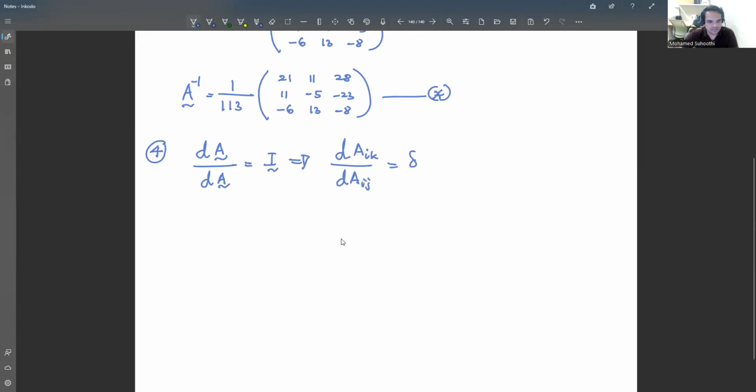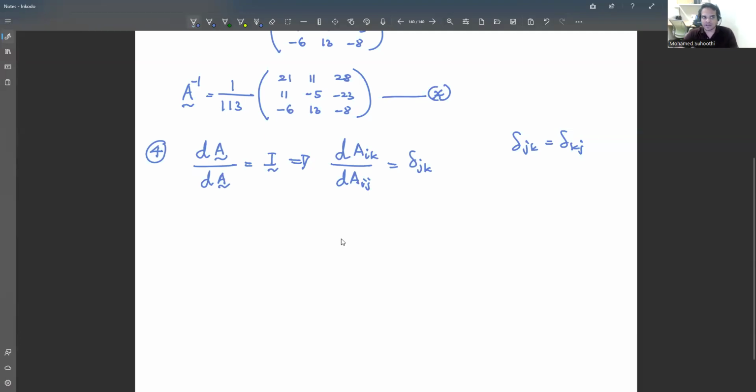Okay, so what is this one? Delta. When you write differentiation here, always write the denominator index first, then the numerator index second, right? Delta, no problem. Even if you write it as kj, delta kj and delta jk are the same because it is the identity matrix, right? But we will discuss this in our next lectures.